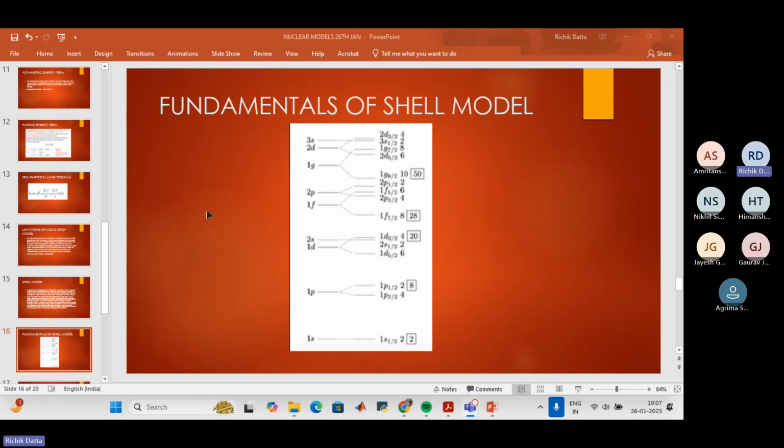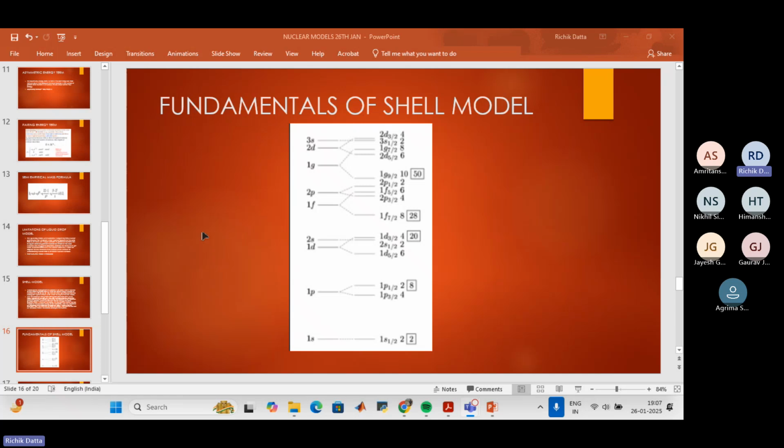If we take the vector atom model, J equal to L plus S, where J is the total angular momentum, L is the total orbital angular momentum, and S is the spin angular momentum.